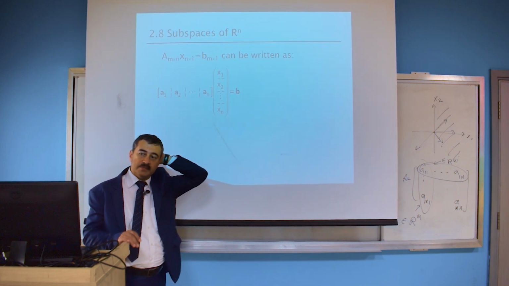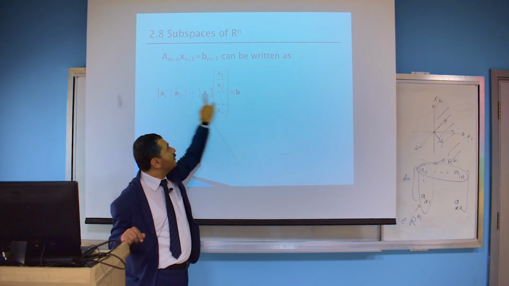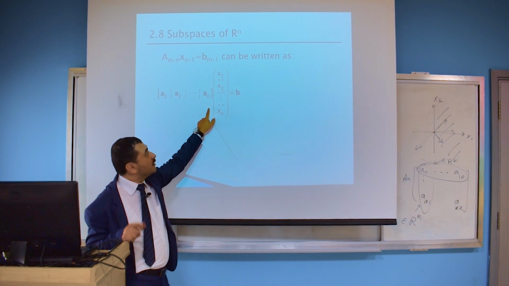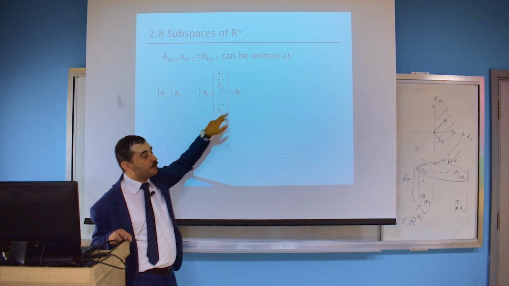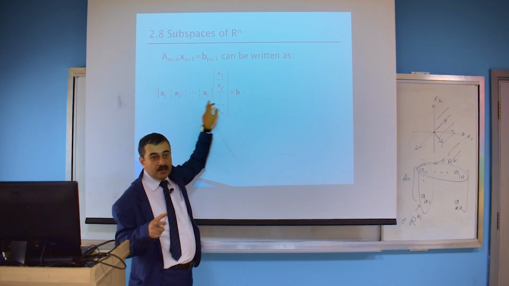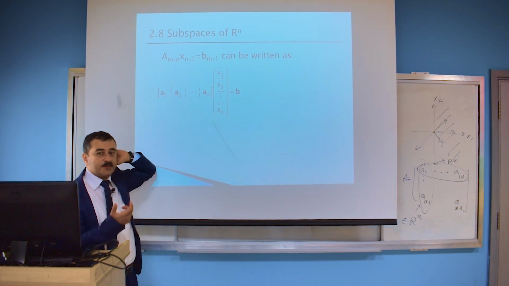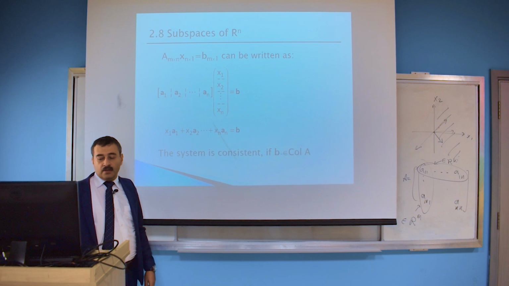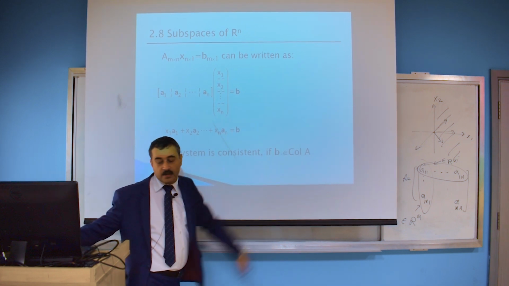We add another word today: you find a solution if b belongs to the column space of A. The column space is the span of the columns. So the system is consistent if b belongs to the column space of A.